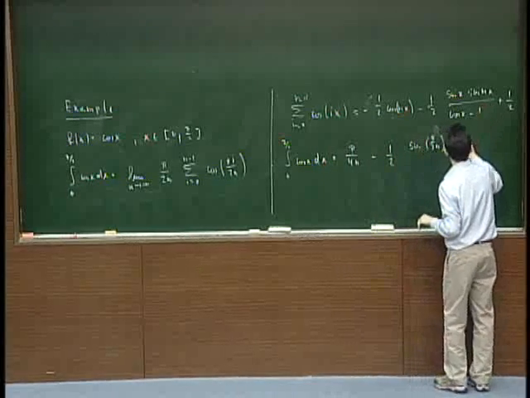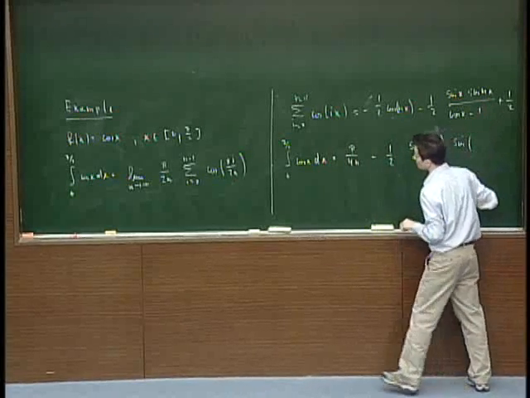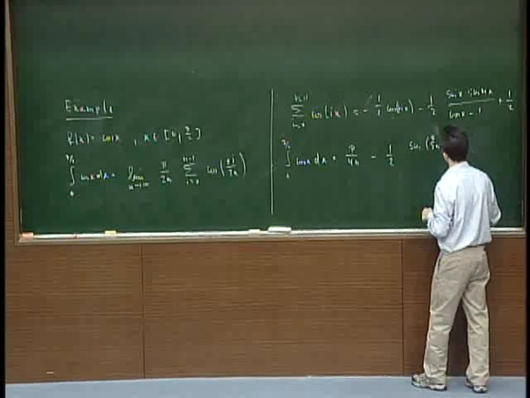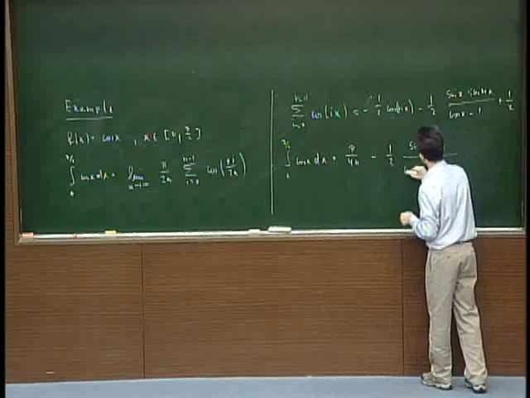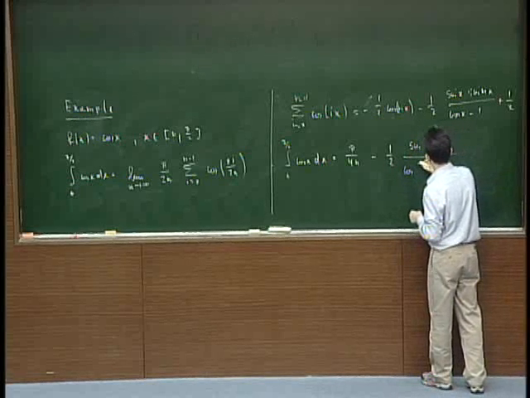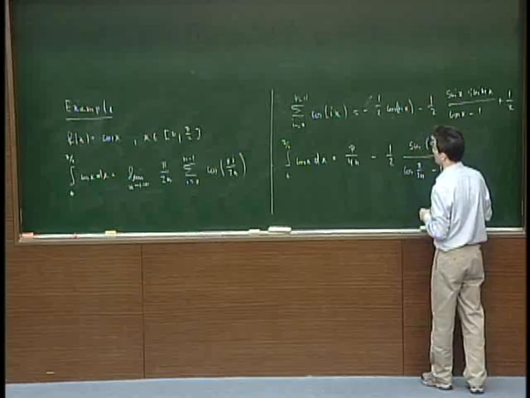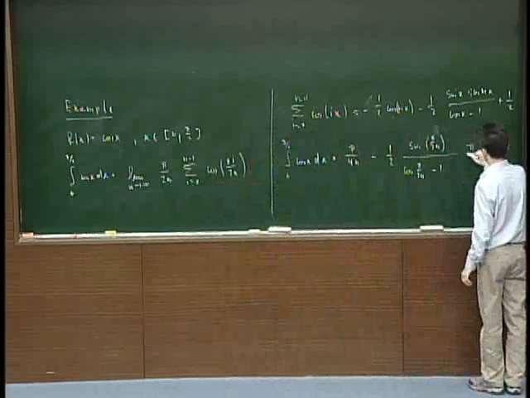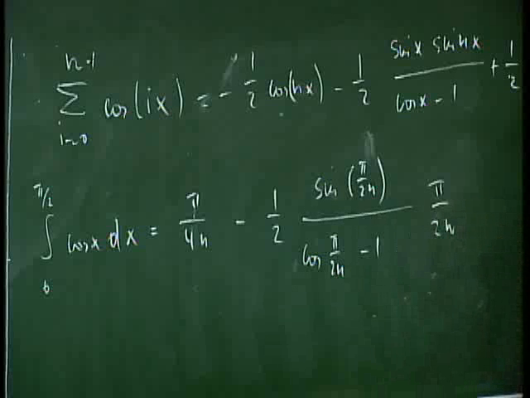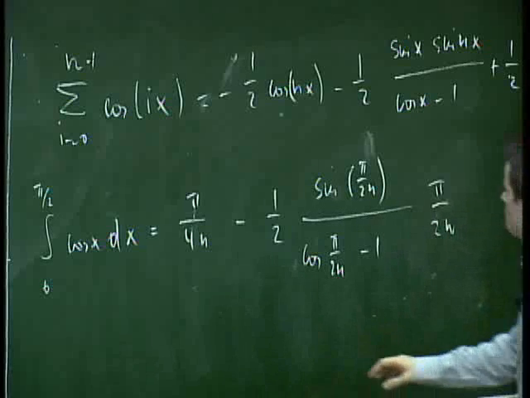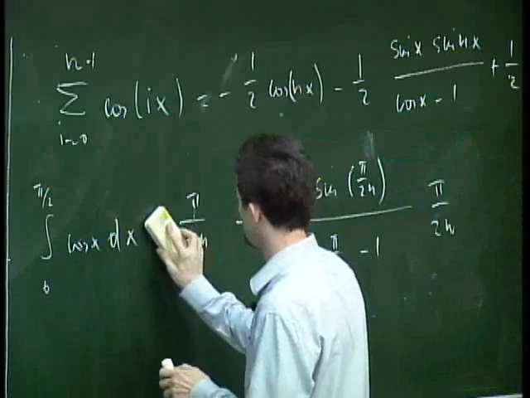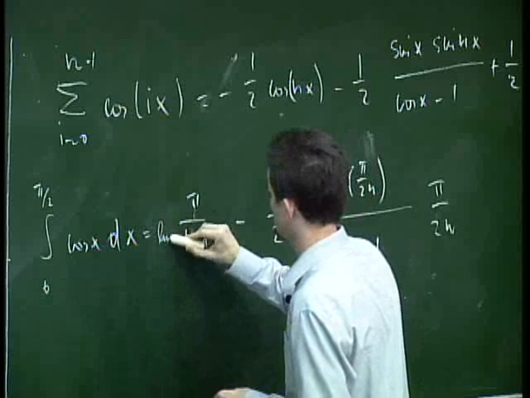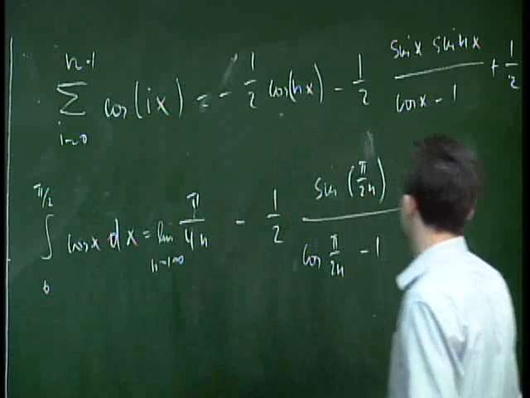And here we have the sine of pi over 2n, so pi half, which is 1, so forget about this. And here we have the cosine of pi over 2n minus 1, and we have also this here, pi over 2n. And we have the limit. Sorry, I forgot the limit, as n tends to infinity.